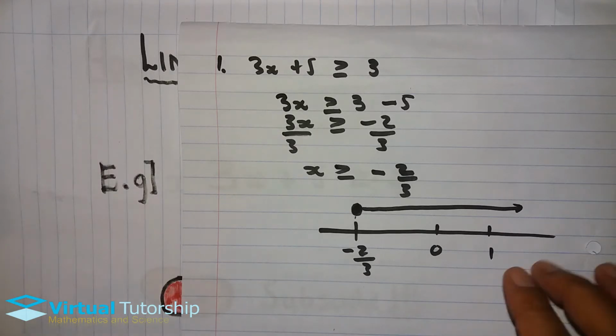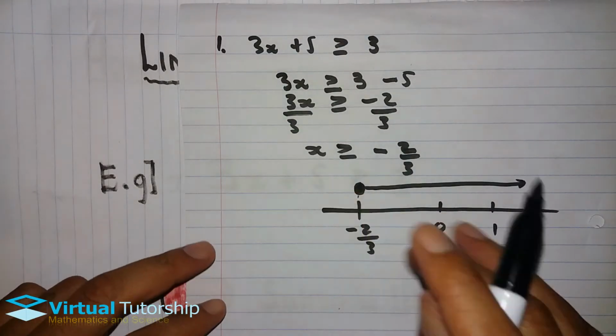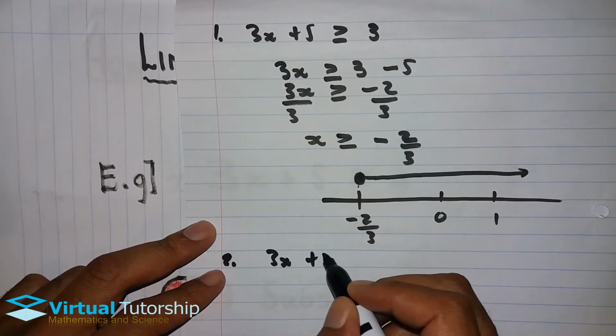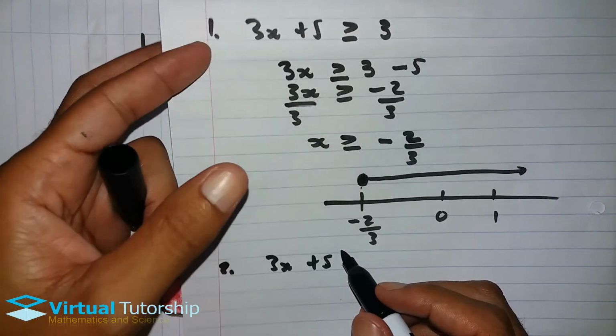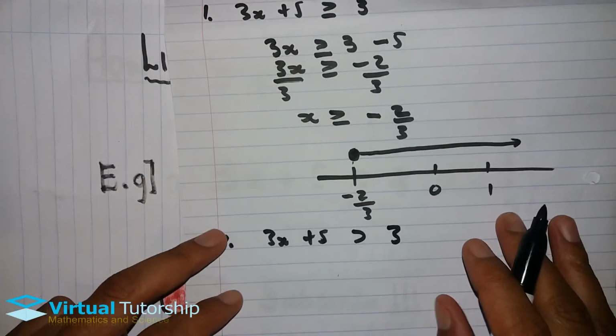So sizothatha more examples, or let's just do another one. I started the very same example, this one, 3x plus 5. Instead of saying greater than or equal to, let's say greater than 3.